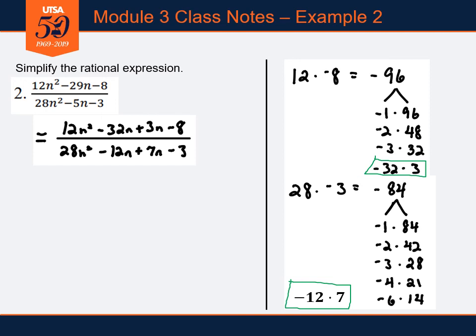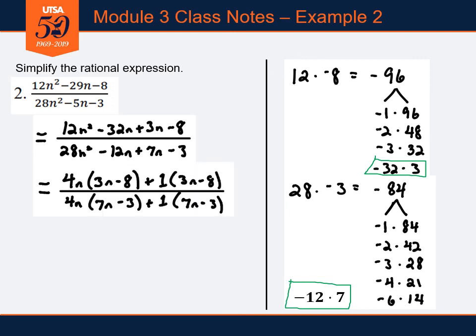So here, as I finish factoring by grouping the first two terms and the last two terms in each one of those and factoring what they have in common, I see I've got 4n times 3n minus 8 plus 1 times 3n minus 8 in the numerator, and then 4n times 7n minus 3 plus 1 times 7n minus 3 in the denominator.